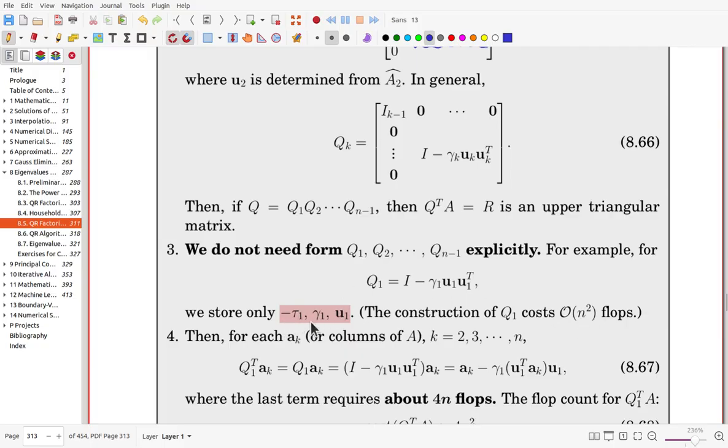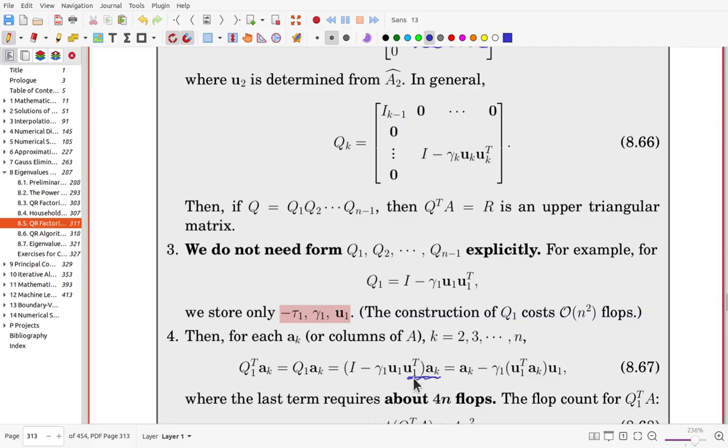Now, once you save these quantities, for each column a_k, Q1 transpose a_k using the formula reaches this one. Now, this one in the product is a scalar, so we reach that one.